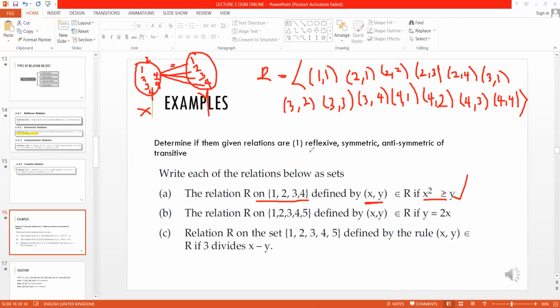So let's check for reflexivity. Reflexivity means we should have x pairing back to itself, belonging to the set R. Clearly, when we check, we have (1, 1) here, (2, 2) here, (3, 3) here, and (4, 4) here.